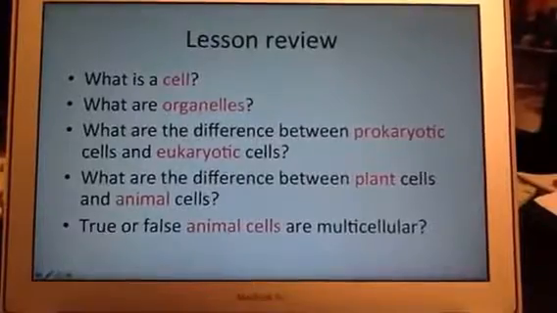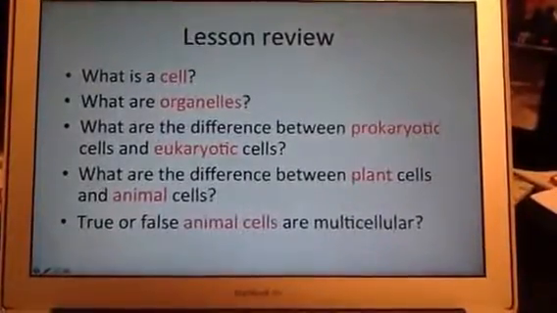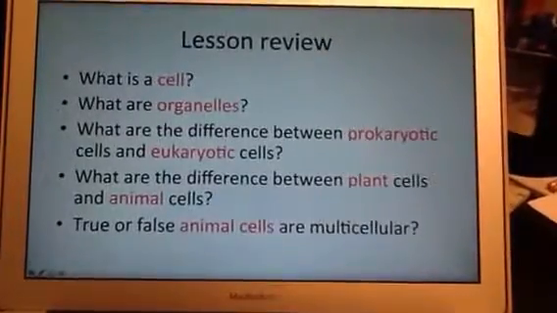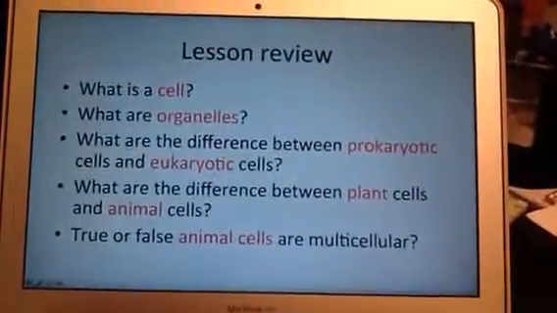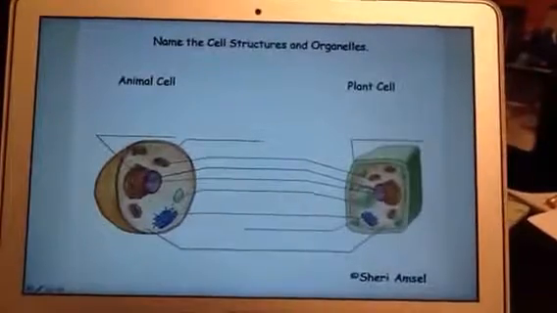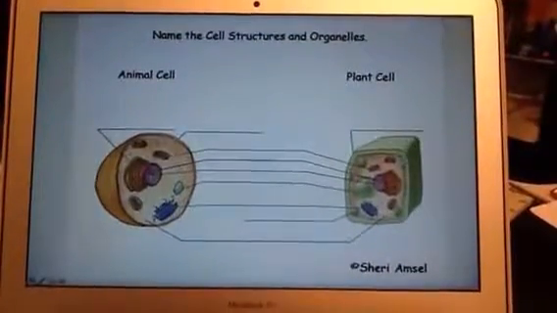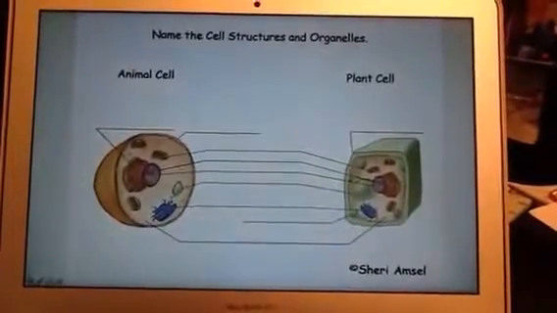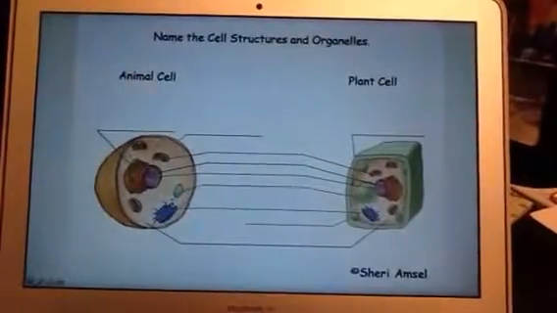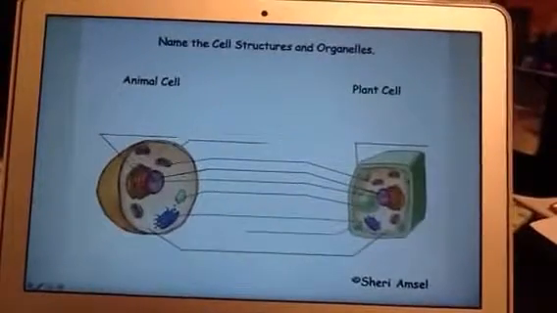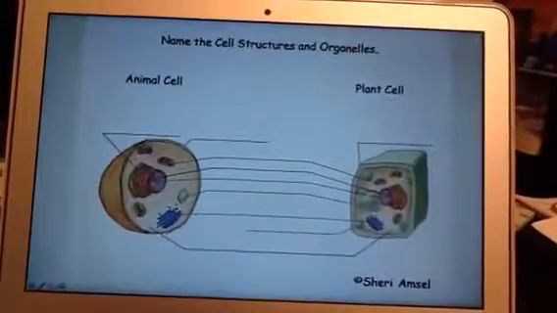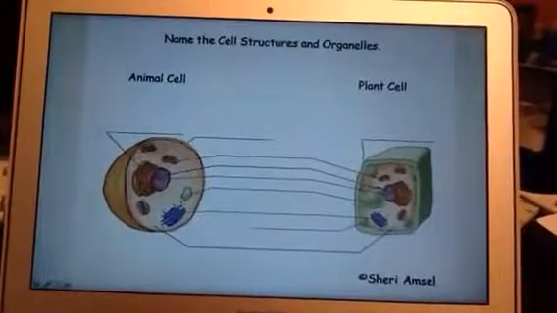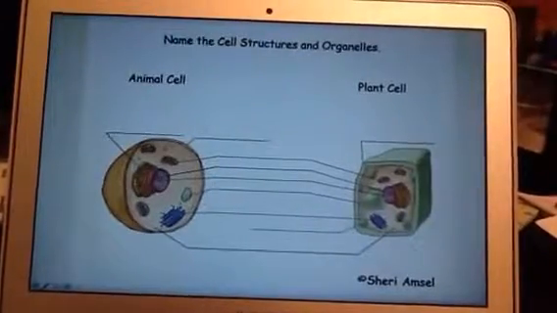You have 5 minutes to answer these questions, and as soon as you are done, please start working on the diagram that is on each of your tables. Pick the diagram and mark it, and start labeling the organelles in both of the cells.